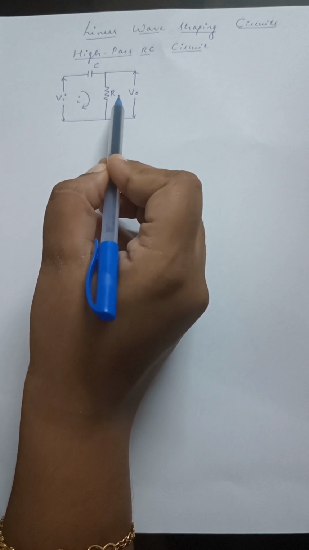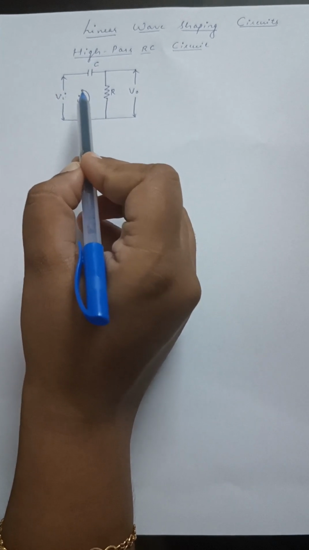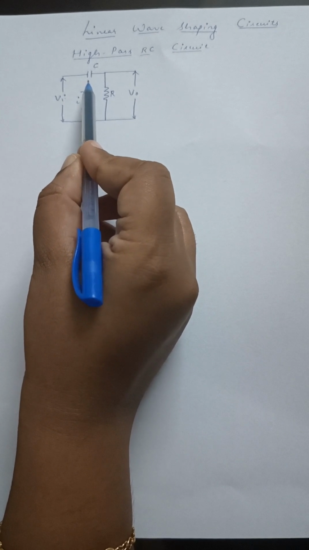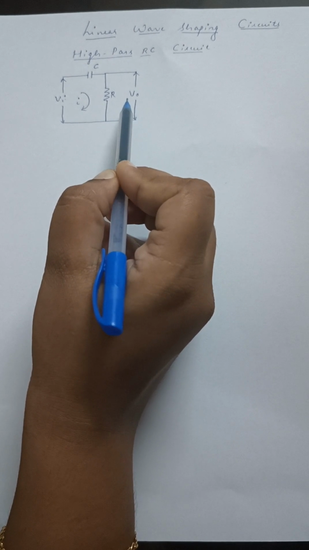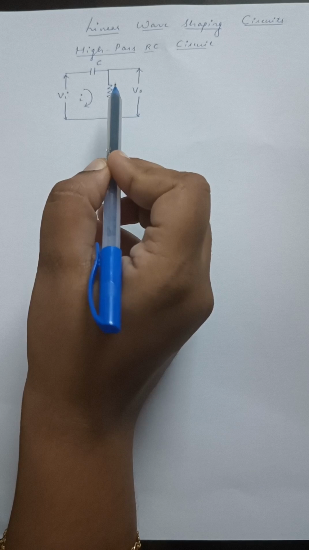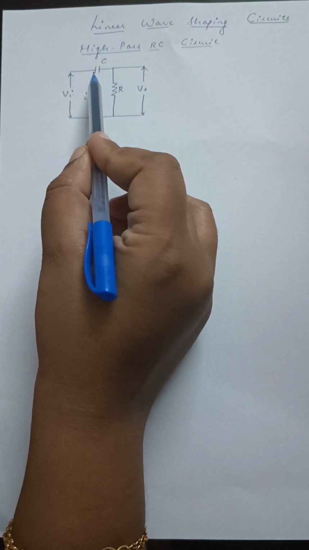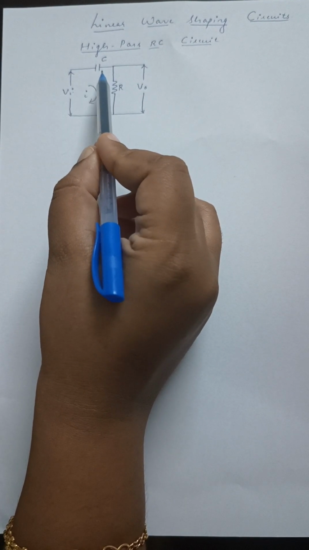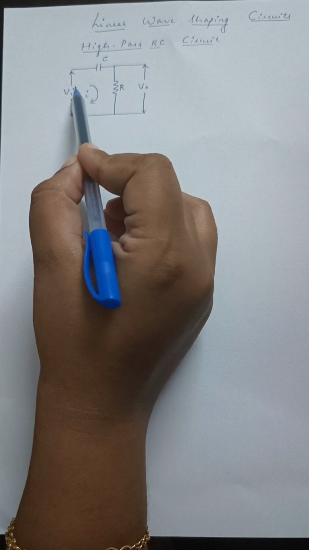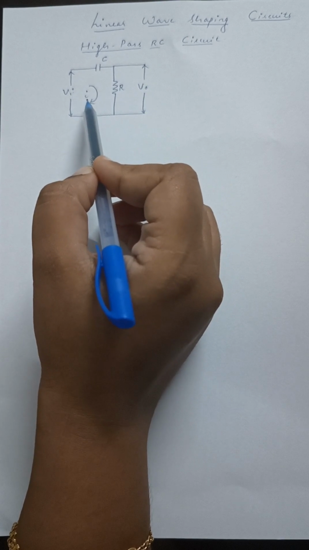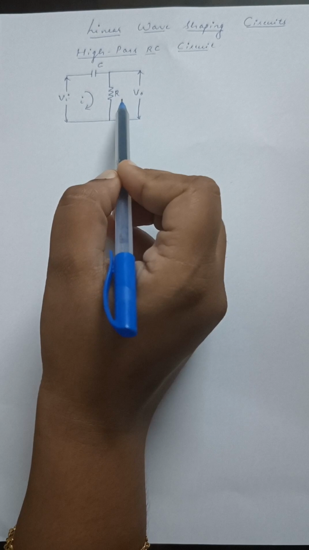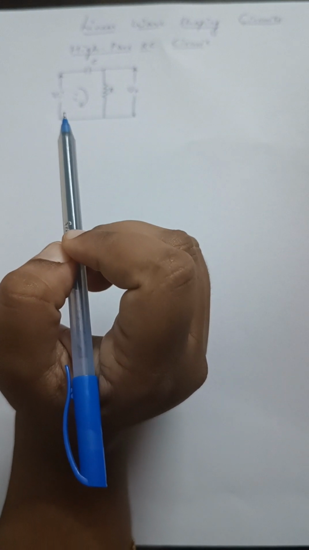As the frequency of the input signal is increased, the reactance of the capacitor reduces and the output begins to increase. At very high frequency, the capacitor acts like a short circuit and virtually all the input is available at the output. Since the circuit easily passes the high frequency components, it is known as a high pass filter.